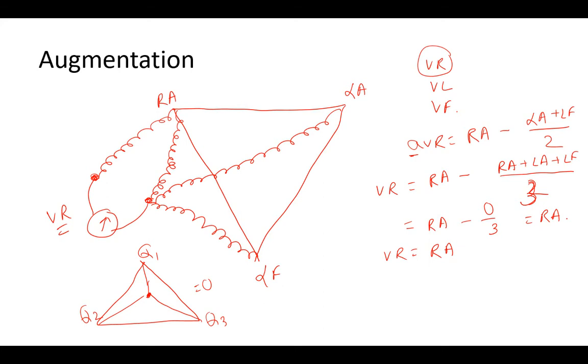Now let us see, VR is equal to RA and AVR is equal to RA minus (LA plus LF) by 2, correct? I'm again drawing the picture.